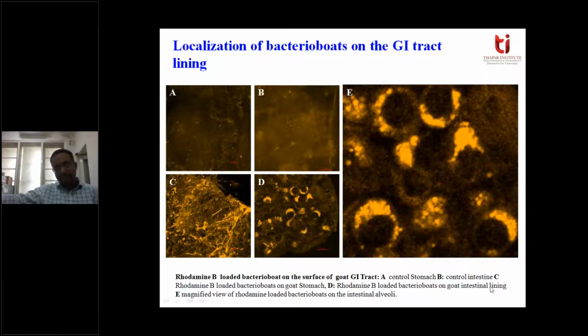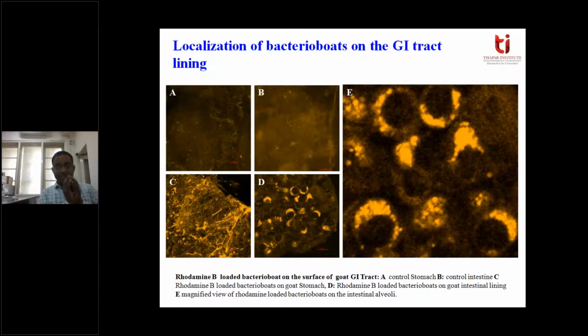What you can see is absorption of those rhodamine-loaded bacteria on the stomach lining as well as on the intestinal lining. This ring shows the alveoli, where you can see accumulation of bacteria around them. So the bacteria are going and binding to the alveoli, and these alveoli are responsible for the absorption.